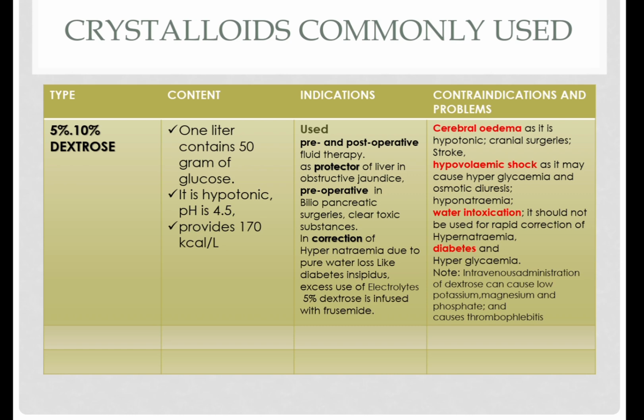Again I will repeat it. We can use 5% or 10% pre-operatively and post-operatively as a protector for the liver in obstructive jaundice, and when we perform surgery on the hepatobiliary tract because of post-hepatic jaundice like obstructive jaundice, or any pancreatic surgery, like of the head of the pancreas. So the 5% or 10% dextrose is very important.